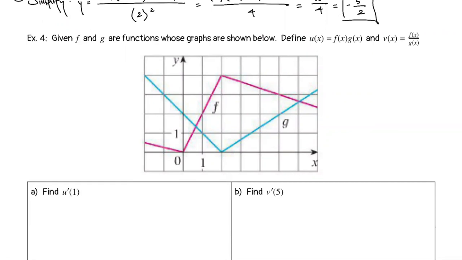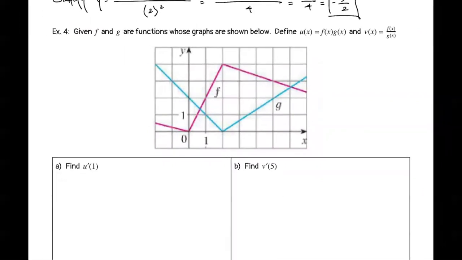And so let's see what we are being asked to do. So in question A, it says u prime of 1. All right, now u is f times g. And so what rule are we being asked to use in part A? We are being asked to use that product rule, absolutely, okay? Because we're told that u of x is f times g.